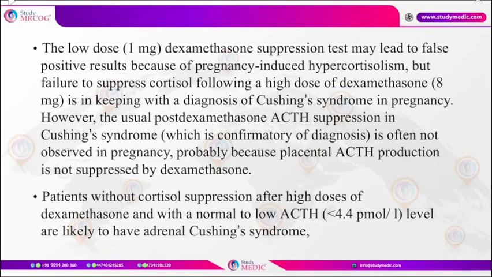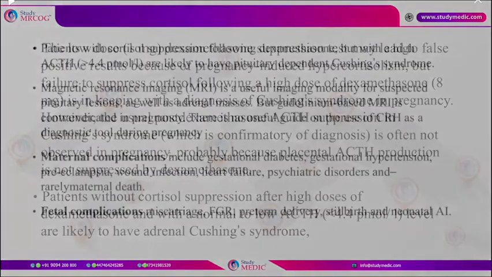However, the usual post-dexamethasone ACTH suppression in Cushing syndrome, which is confirmatory of diagnosis, is often not observed in pregnancy, probably because placental ACTH production is not suppressed by dexamethasone, and that's the reason it carries less value. So patients without cortisol suppression after a high dose of dexamethasone with a normal to low ACTH, which is less than 4.4 picomole per liter, are likely to have adrenal Cushing syndrome.